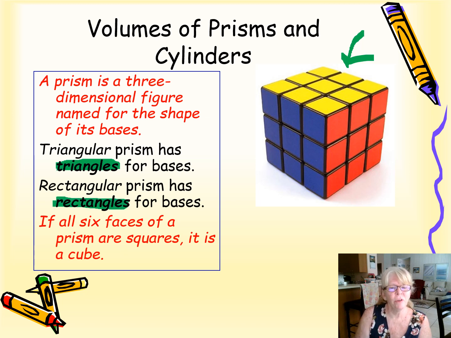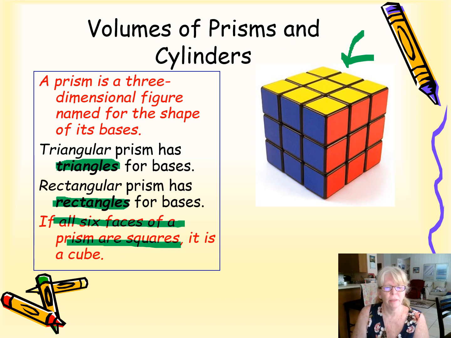Prisms are identified by their bases, okay? Now, we'll get into each one of these, but if all 6 faces, which is what I was saying before, are all squares, then you have this Rubik's Cube, and it is a cube.